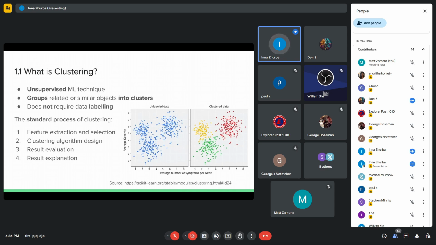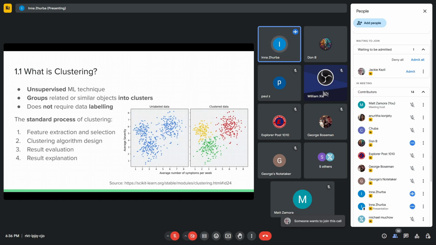So clustering is an unsupervised machine learning technique that groups related or similar objects into clusters, and it doesn't require data labeling. For example, if we have a supervised machine learning technique that has labeled examples, this kind of grouping would be called classification. The standard process of clustering includes 4 steps.